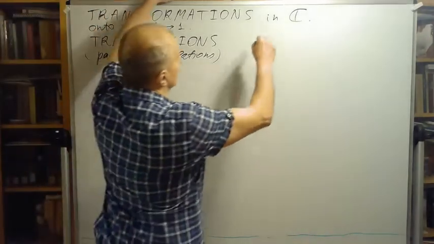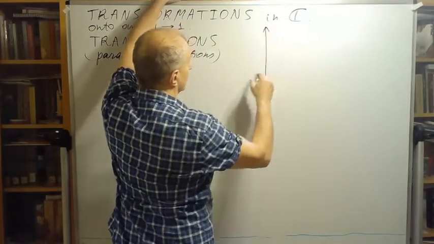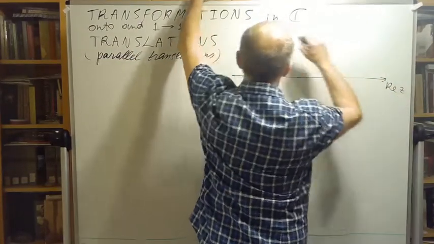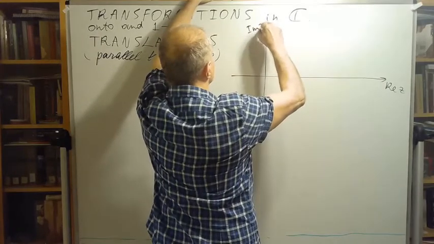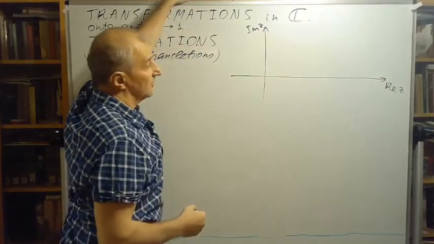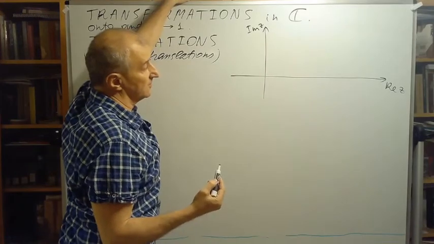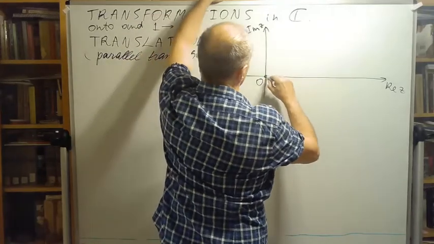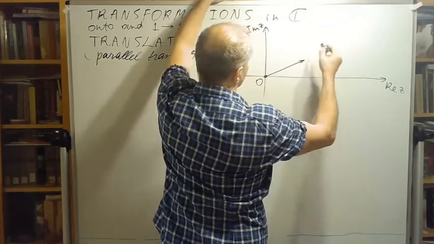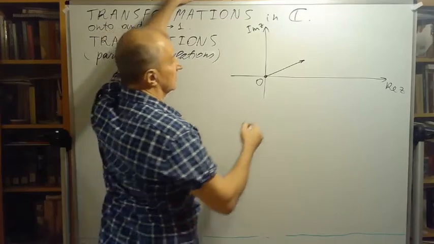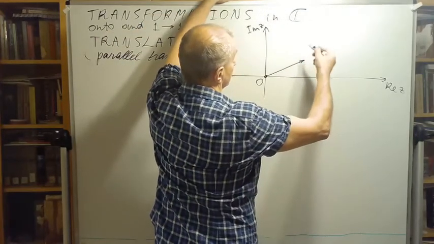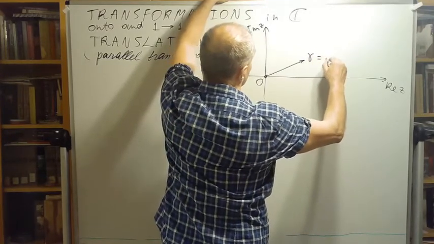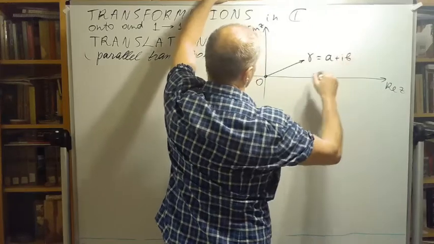certain vector. So, for instance, if we have a complex plane here, this is the real part of Z, this is the imaginary part of Z as usual, we can translate all the vectors, all the points of the plane, by a certain vector. Suppose by this vector, which we will call, for instance, gamma equal A plus IB.